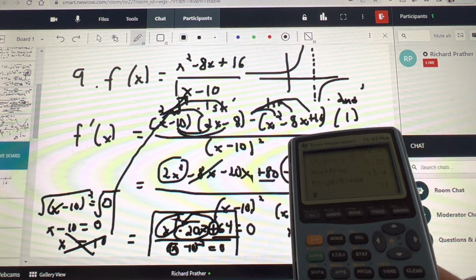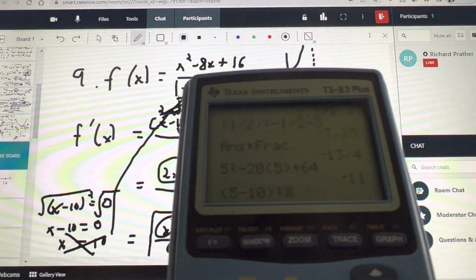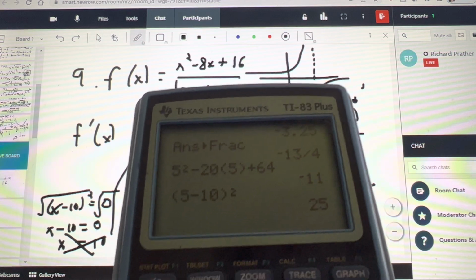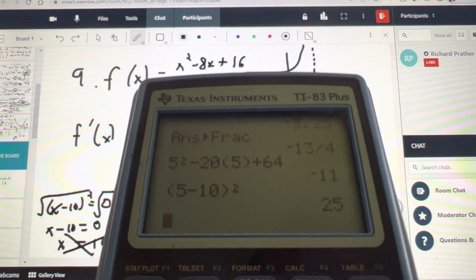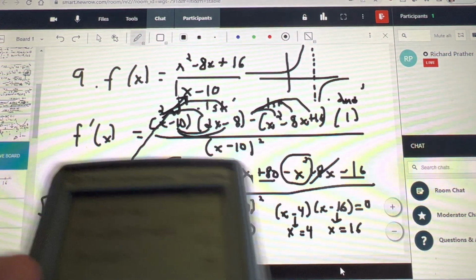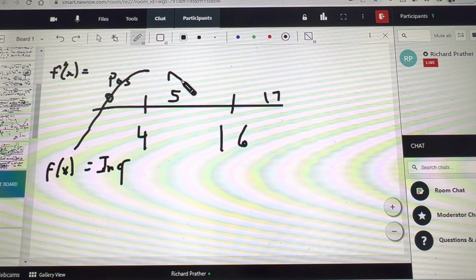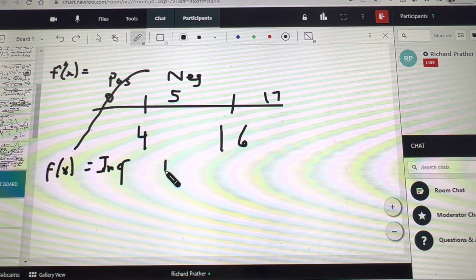The bottom would be 5 minus 10 parentheses squared. But anything squared is positive. So I don't care what negative 11 divided by 25 equals as a number. It's just a negative divided by a positive is negative. The derivative is negative anytime you're between 4 and 16. So the graph's going to be decreasing that whole time.